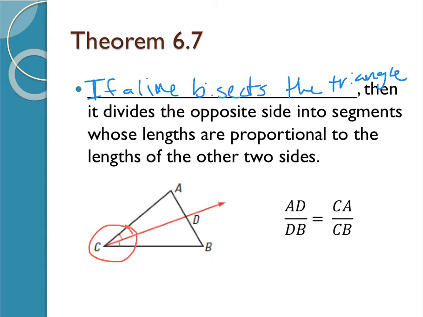And our proportion is going to be AD over DB, so the side that's being cut in half, is equal to CA over CB. So our side that's being cut in half is our first proportion, and then the sides of the triangles are the other 2 things in the proportion.